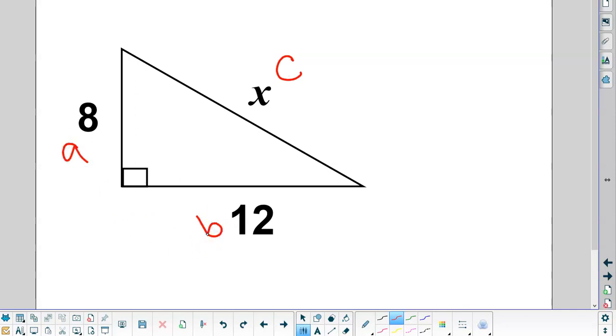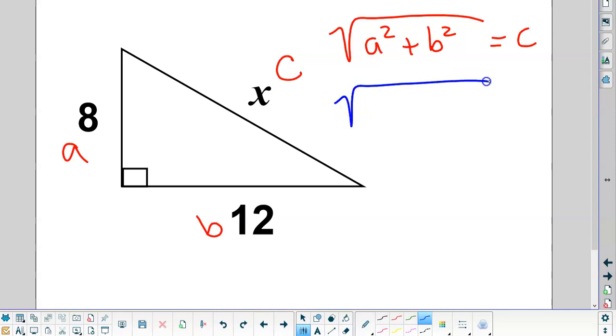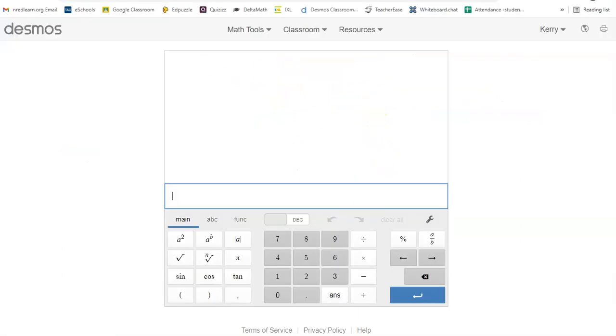Now, we're looking to find a hypotenuse, so that's an addition problem. We square and add together the two legs that we know, and when we square root it, we will get that missing hypotenuse. So the only thing I need to type into my calculator is a really big square root sign, an 8 squared and a 12 squared underneath, and that will give me that missing side length. So let's use that Desmos Scientific Calculator now.